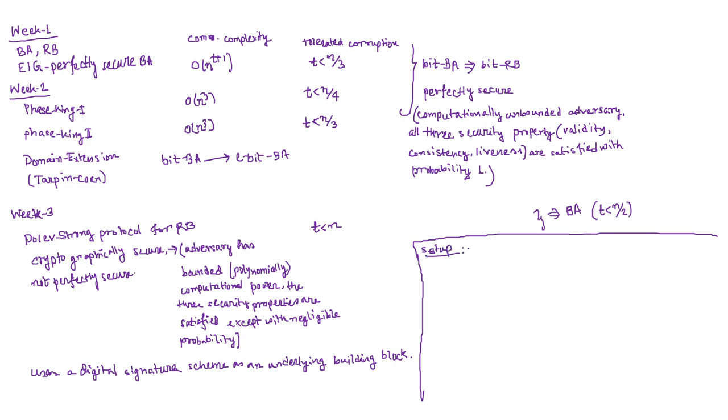In the setup phase, all parties from P1 to Pn, each Pi, are initialized with their corresponding signing key SKi and verification key VKi. All the verification keys for all n parties are public, but the signing keys are secret to the parties, right?